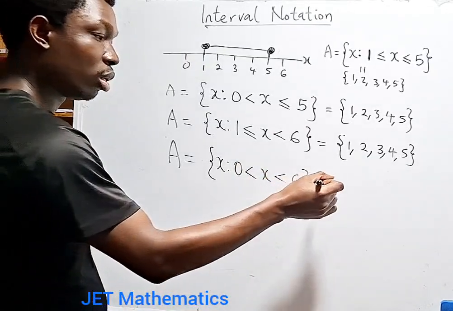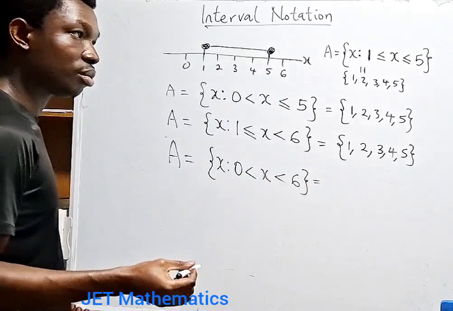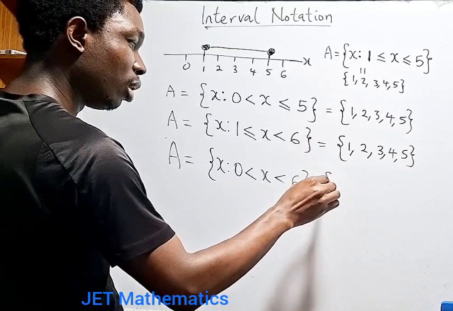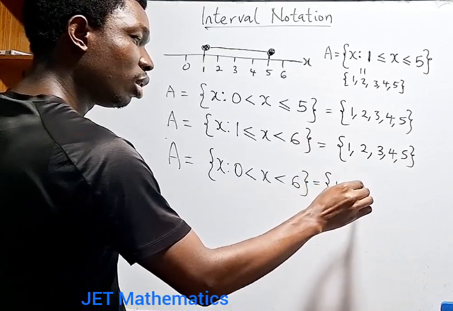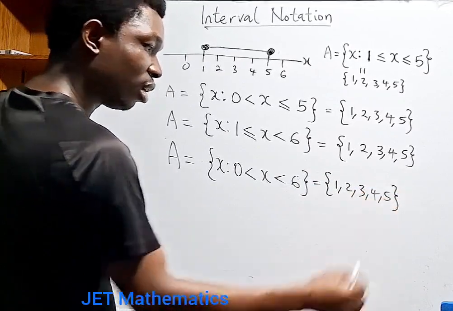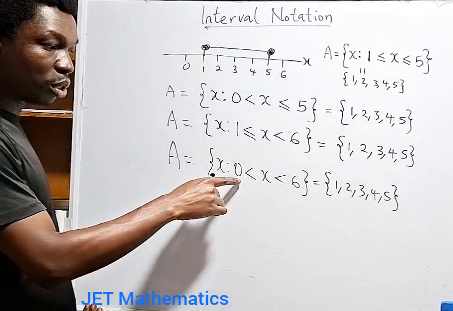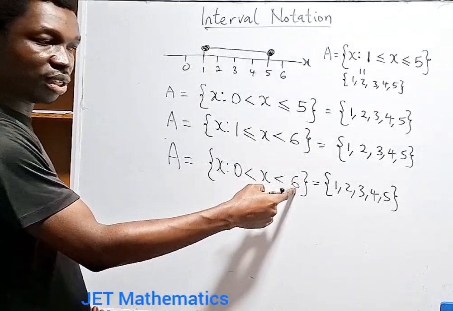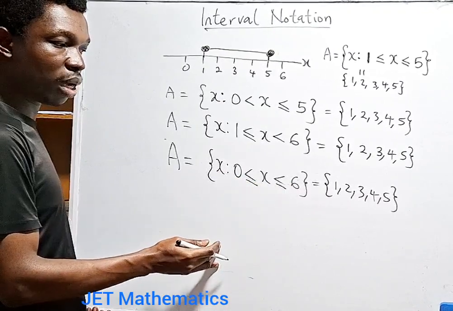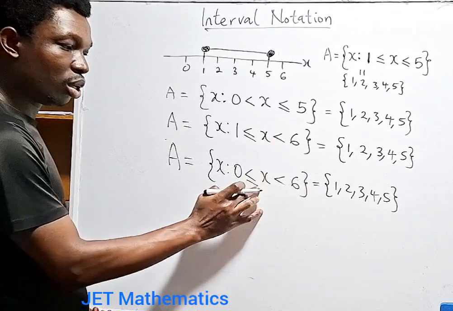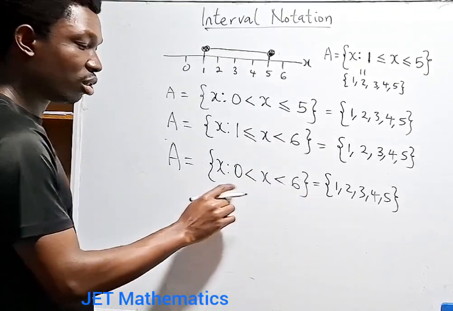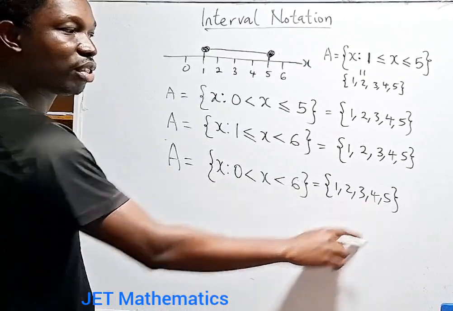Okay, so this gives us the same thing, 1, 2, 3, 4, 5. So this means 0 is not inclusive, 6 is not inclusive because it's not carrying the equal to part of it. So you remove that and then you have this. So 6 is not inclusive, 0 is not inclusive, you still have the same set.